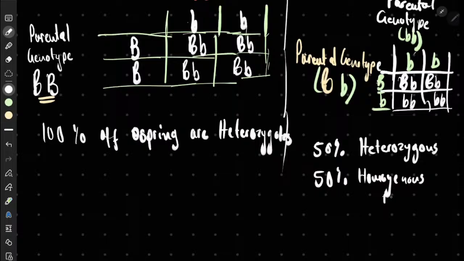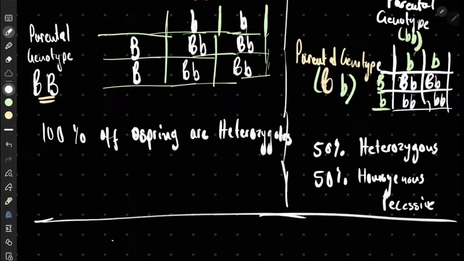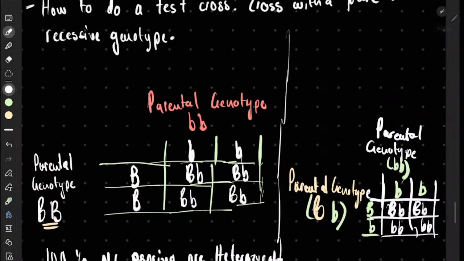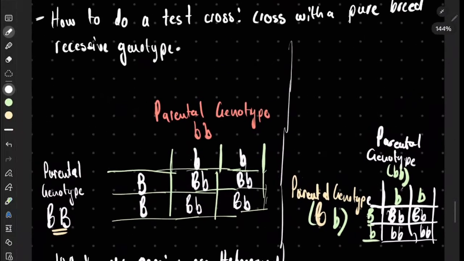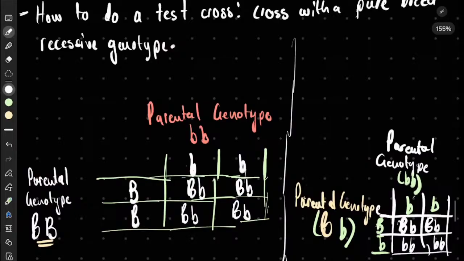Can you see this? 50% will be homozygous recessive. Have you seen this? So analyze this test cross. You must know it. If we don't know the genotype, we do this, and then we'll be able to know. We've seen that if you cross a heterozygous individual with a homozygous recessive, you get 50-50.